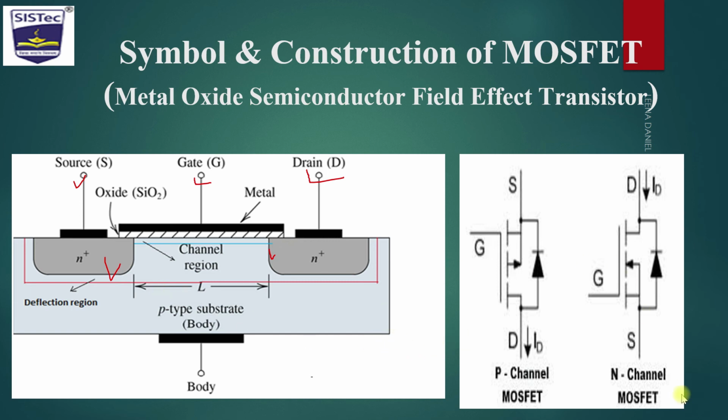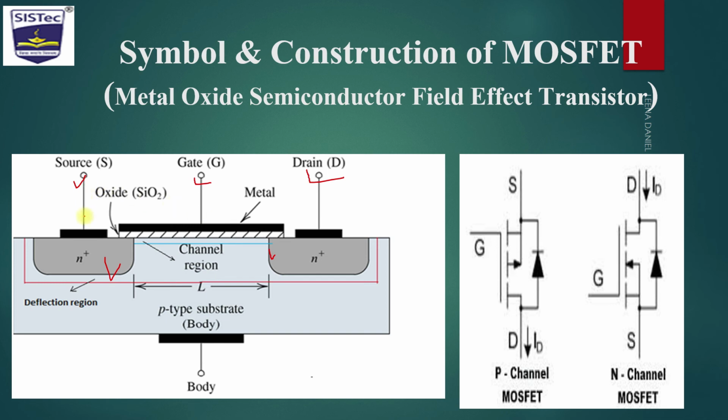And one SiO2 layer is imposed on the top of this channel, and the gate terminal is taken out from this SiO2 layer. So this SiO2 layer is used here, which is not used in the BJT.